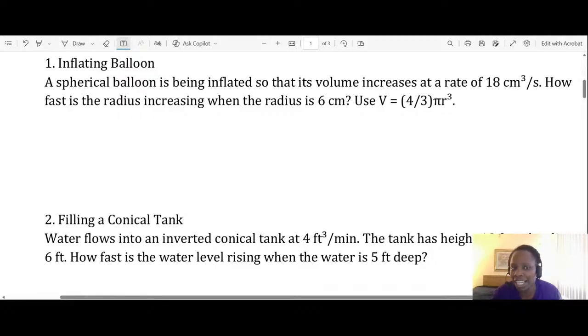So that's nice, so you're not left guessing, trying to remember that formula. It's right there for you. I'm going to draw a sphere, and give you some time to solve this problem.